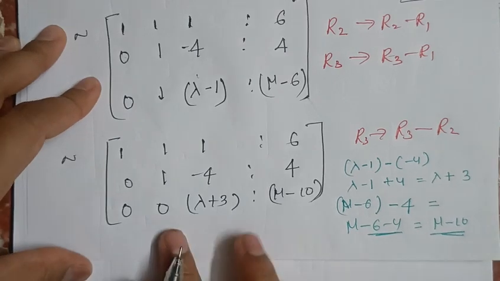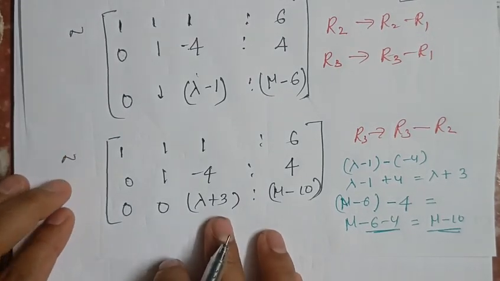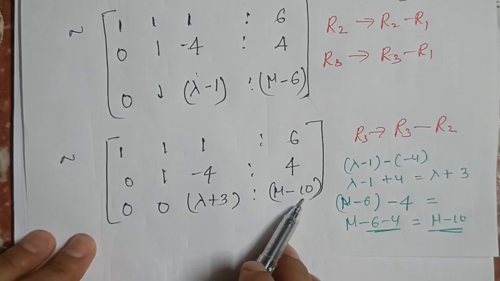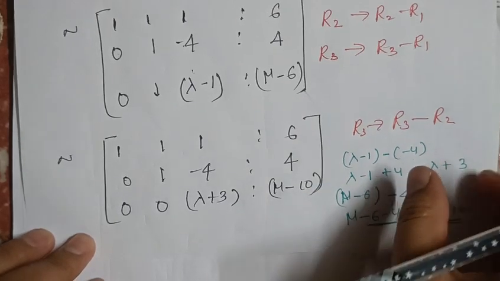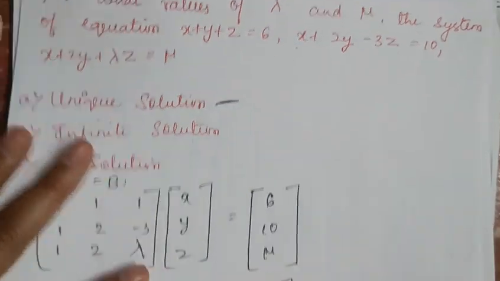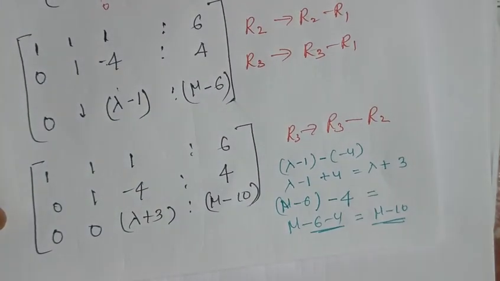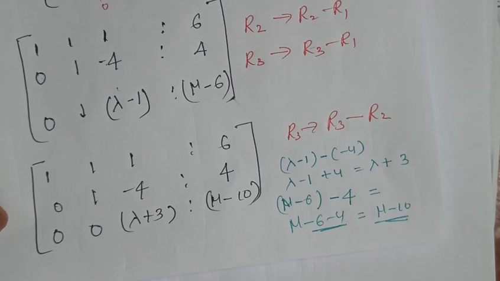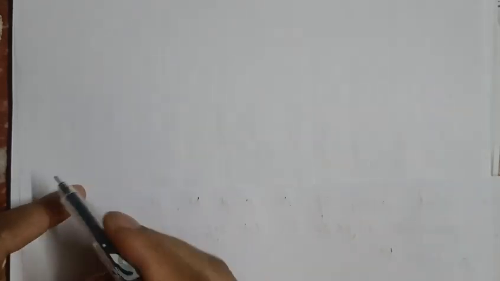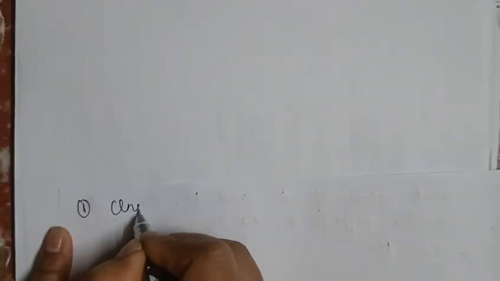Now that we have lambda plus 3 and mu minus 10, we know what the conditions are for a unique solution. For a unique solution, we should have leading ones, right? I will write it here. Unique solution.